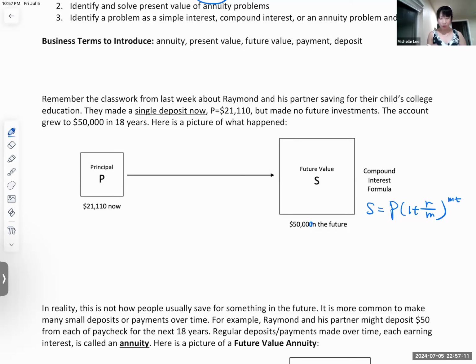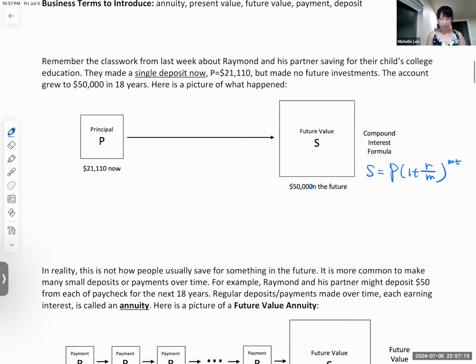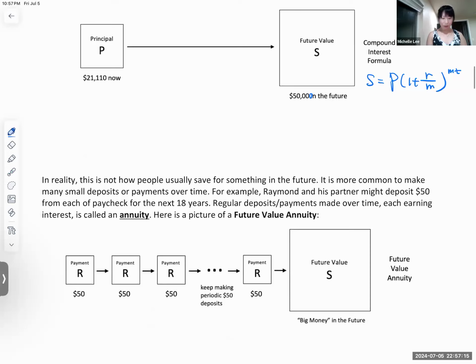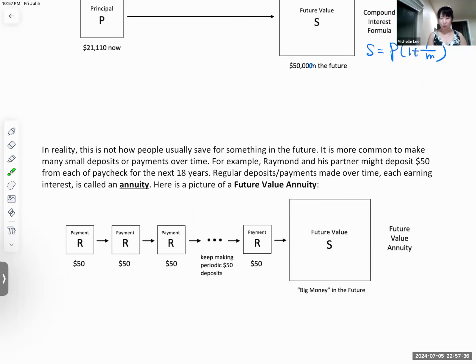Okay, here is another investment, annuity. So we have regular deposits or payments made over time, each earning interest, called an annuity. Here is a picture of a future value annuity.